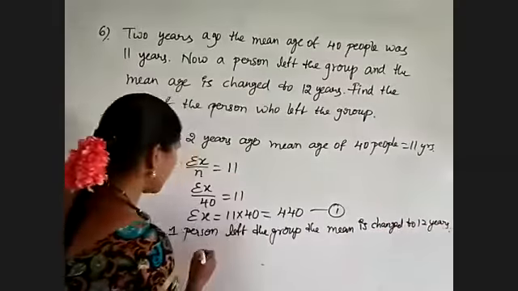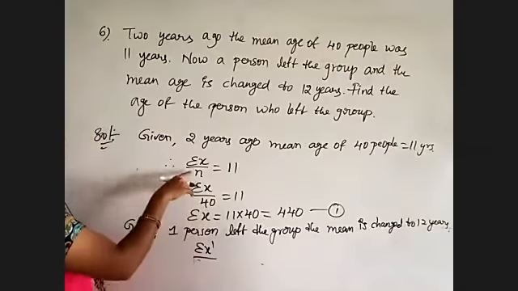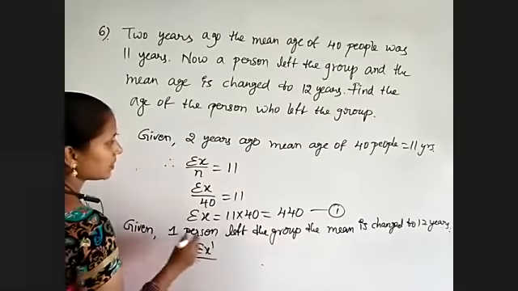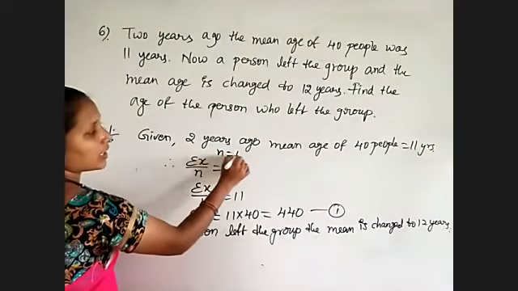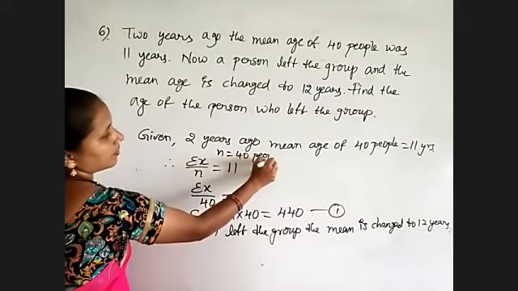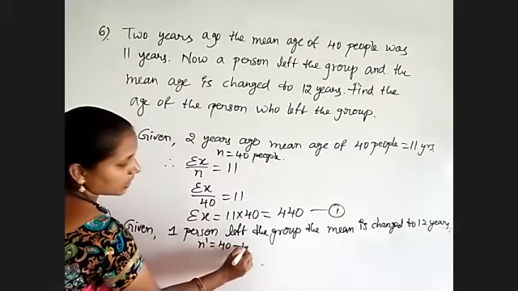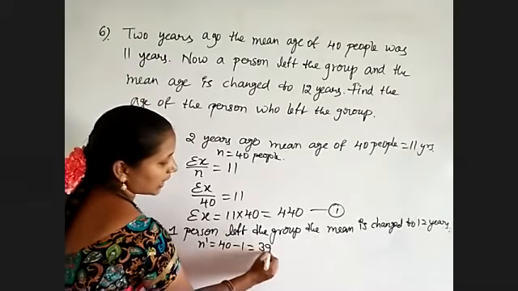That means sigma x dash by n dash, since one person left, actually the number of people was 40. So n equal to 40 members, and n dash will be equal to 40 minus 1 because one person left the group. 40 minus 1 is equal to 39 people.